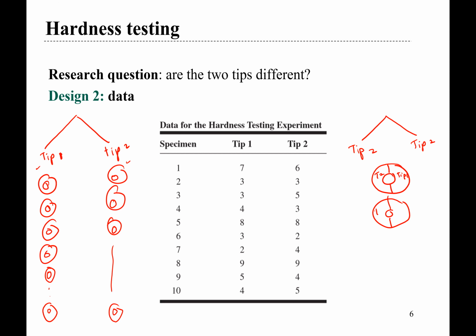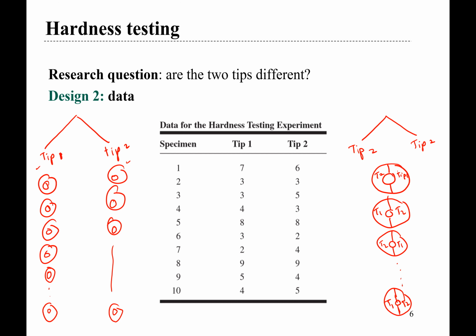Maybe this one will receive tip 1 and this one receive tip 2. The third one, maybe I divide into two parts and randomly assign the two tips, maybe T1, T2, up to the last one, number 20. So I will use the 20 specimens, and each will be used to test the two tips, randomly assigned.